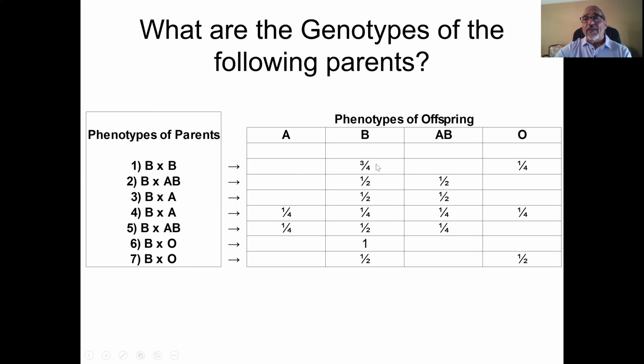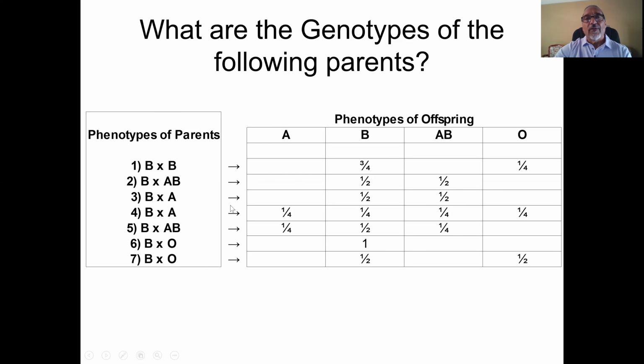Well, you should right away begin to recognize this is a 3-to-1 ratio, and the only way to get a 3-to-1 phenotypic ratio is if both of these parents are heterozygous. That is, these individuals are both IB and small I. They are heterozygous, IB and small I.